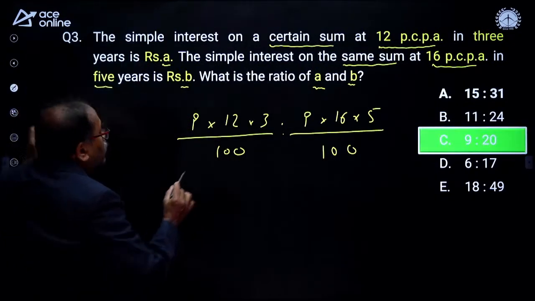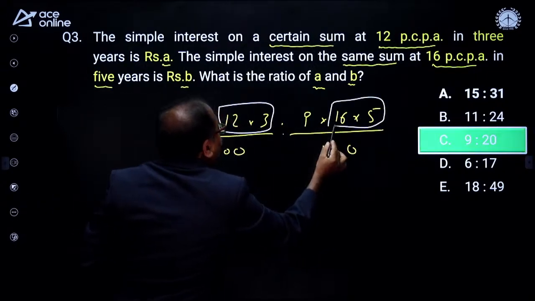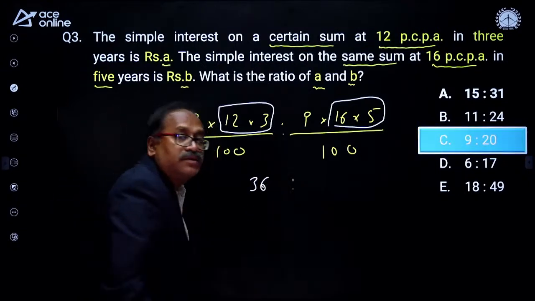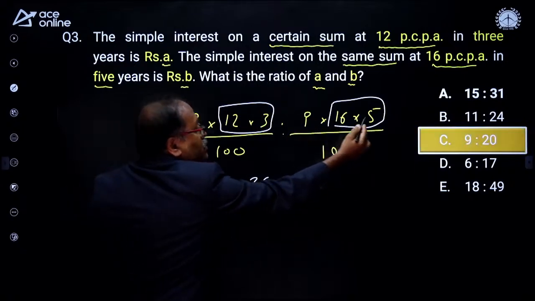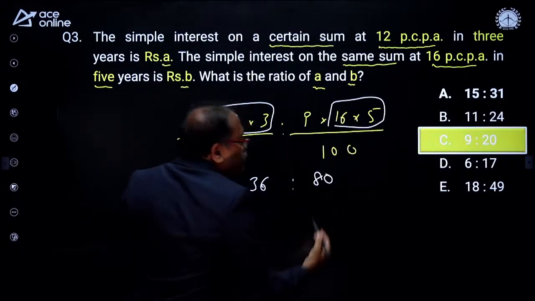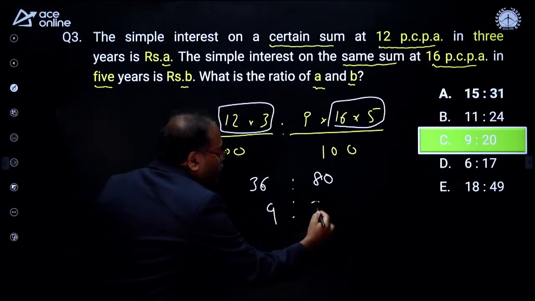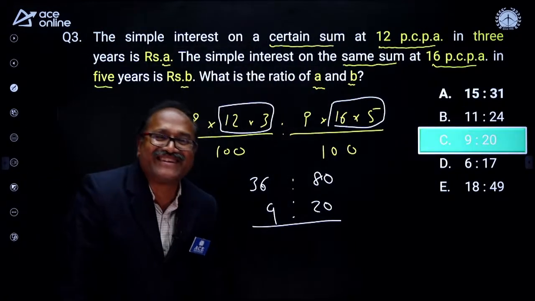Finally, the answer is simply 12% per annum for 3 years, that is 36% interest, because the P is same in both the cases. So 16 fives are 80, and you know that, so nicely you did it, that is 9:20. That should be your answer, which you said option C.